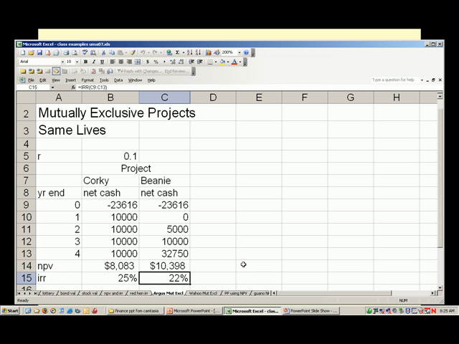So comparing these two projects, we get different rankings depending upon the criterion we use. Applying the NPV criterion, Beanie looks like the preferred project. Applying the IRR criterion, Corky looks like the preferred project. Which criterion should we apply, and which project should we adopt?